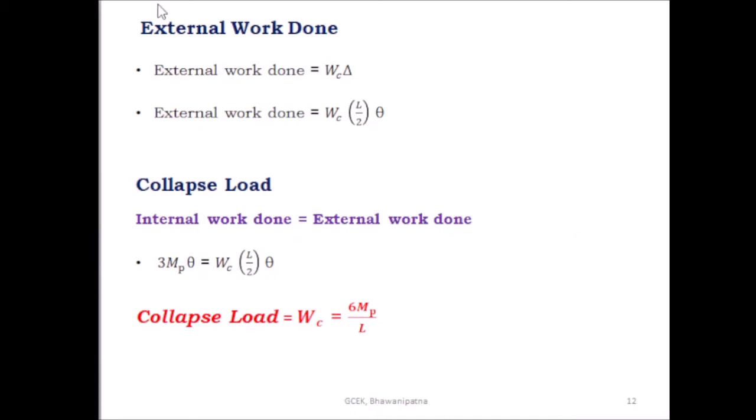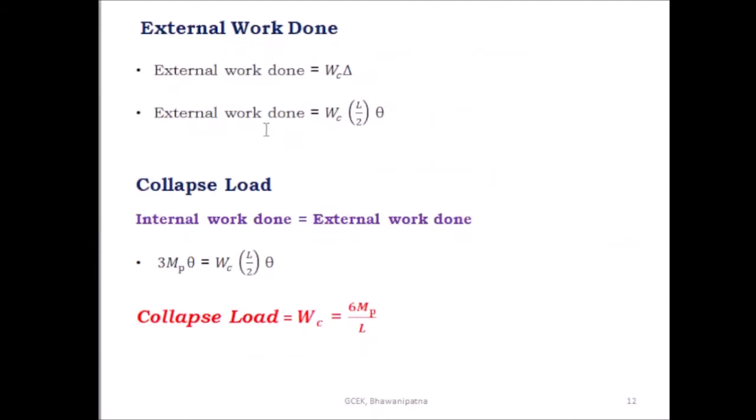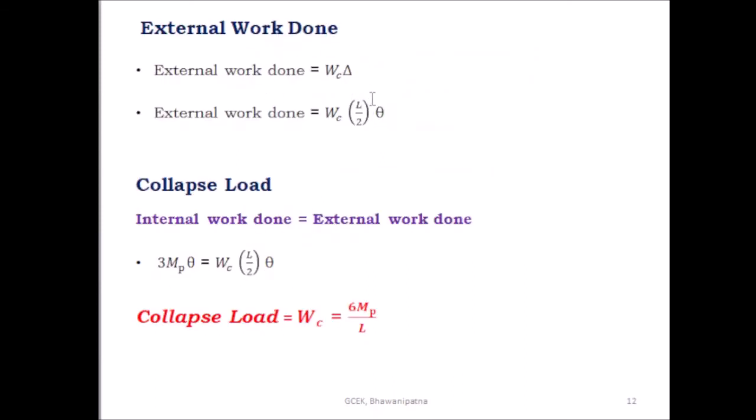Then the external work done can be found from the load present on the propped cantilever and the corresponding virtual displacement. In the case of the propped cantilever beam, the external work done is the load into the virtual displacement, WC into delta.